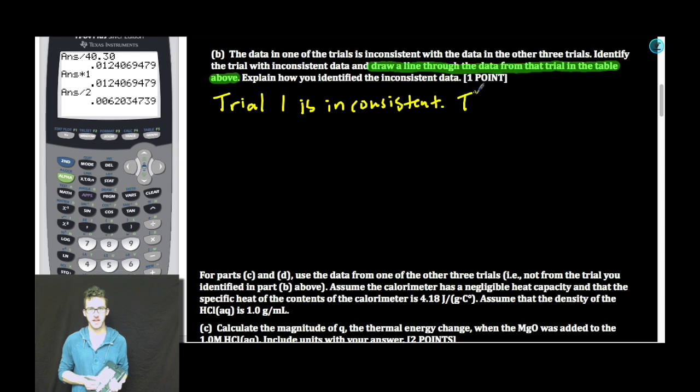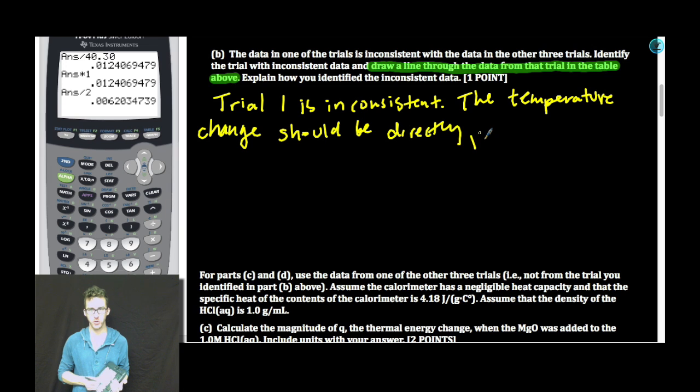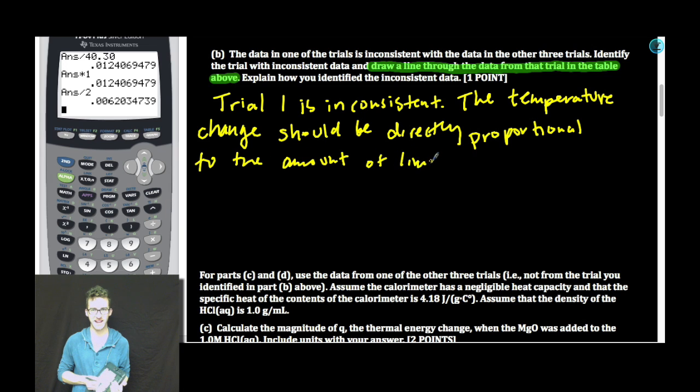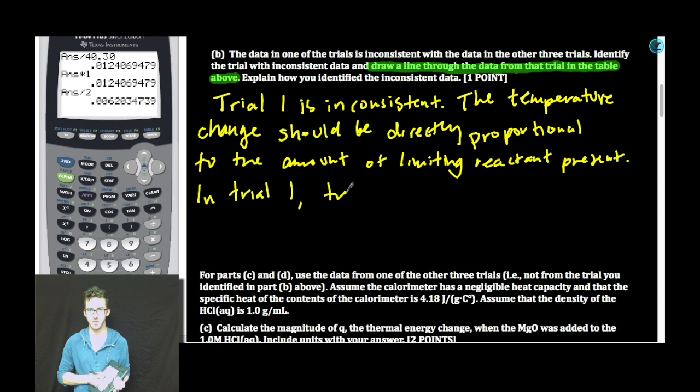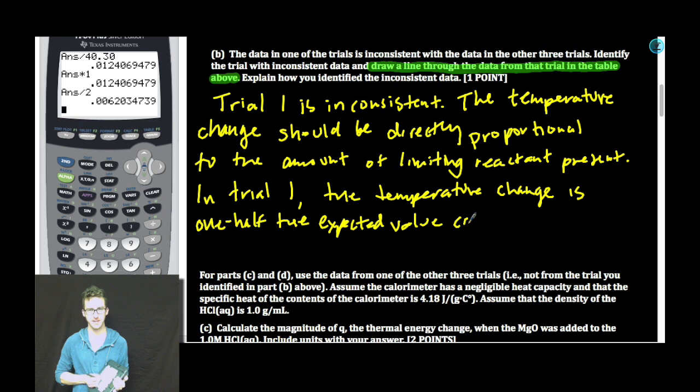Explanation. The temperature change should be directly proportional to the amount of limiting reactant present. In trial 1, the temperature change is 1/2 the expected value compared to trials 2, 3, and 4.